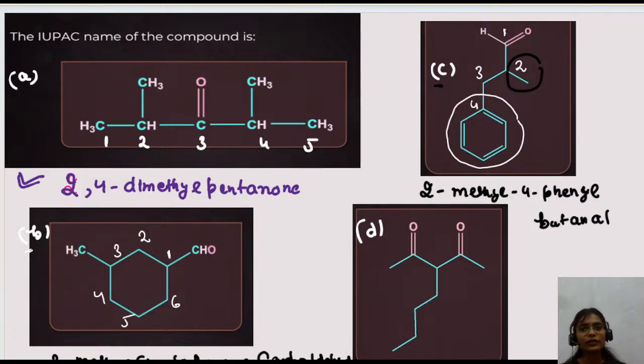How about the D there? Look at this, the D point again. In this case, the main chain is what? 1, 2, 3, 4, and 5. Don't say this. Come on. The main chain is the chain in which we have the maximum functional groups.